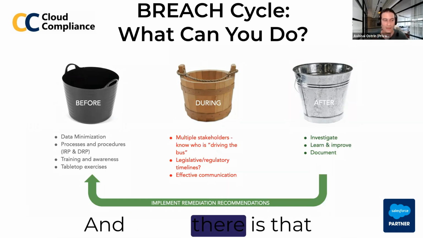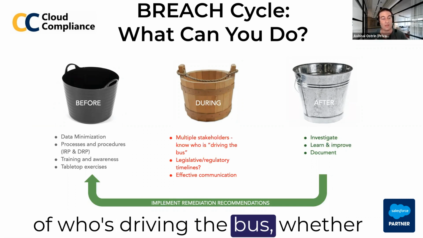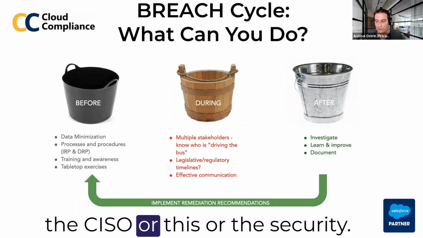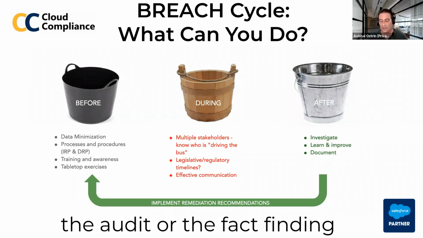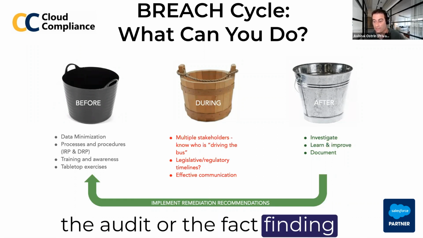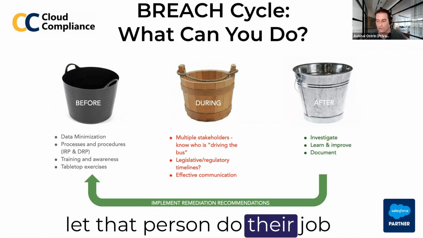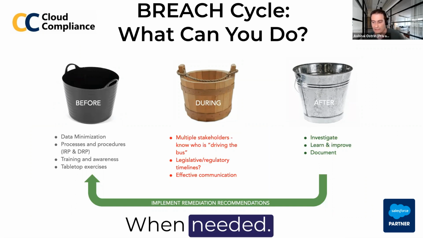And when there is that designation and understanding of who's driving the bus, most of the time it'll be the CISO or the security person, at least in the audit or fact-finding portion of it, everyone else needs to take a step back and let that person do their job and lend a helping hand when needed.